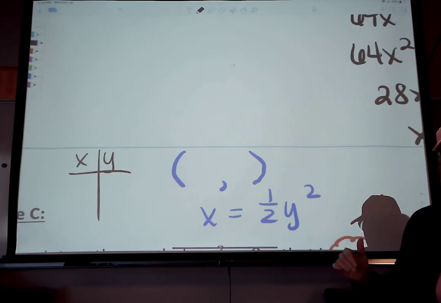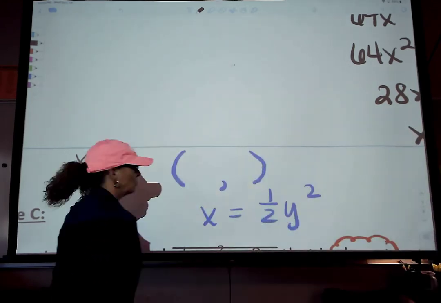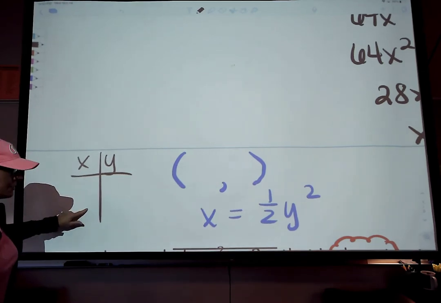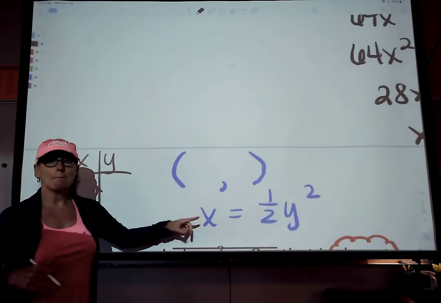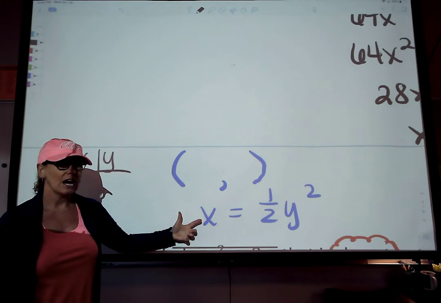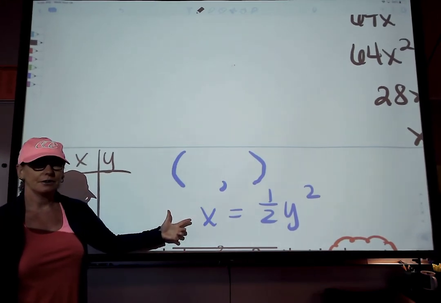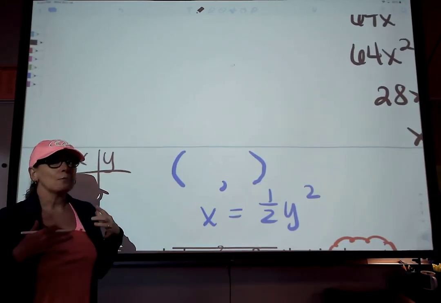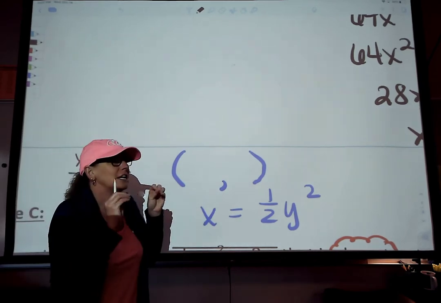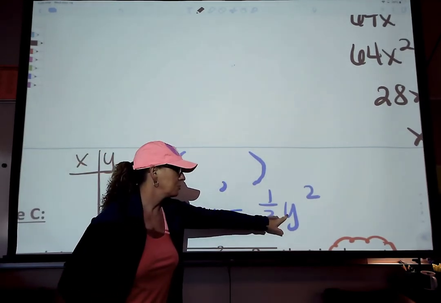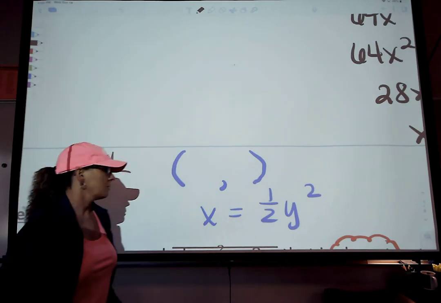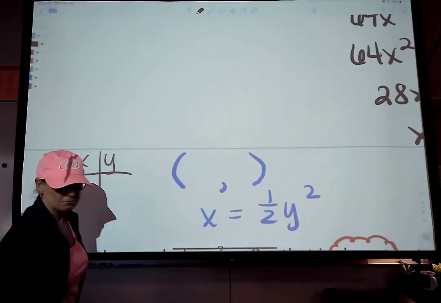Which column would you fill first? Would you go like 0, 1, 2, 3? Would you make up your own x's? I don't think you would. You want to make up your own numbers for your input variable. This is your input variable. You would go 0, 1, 2, 3.